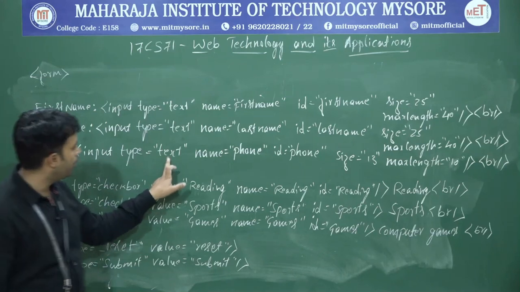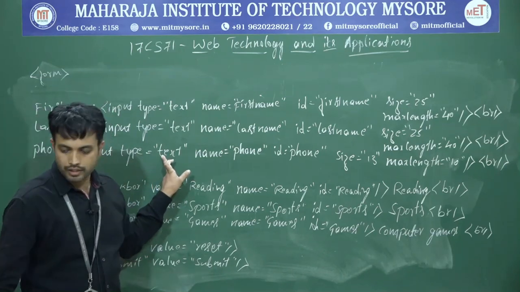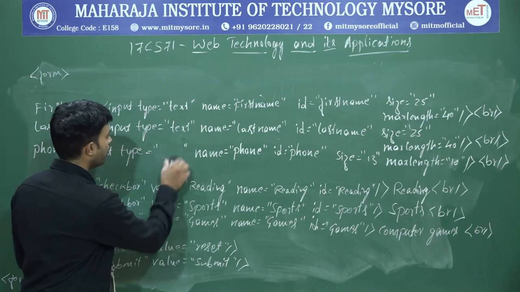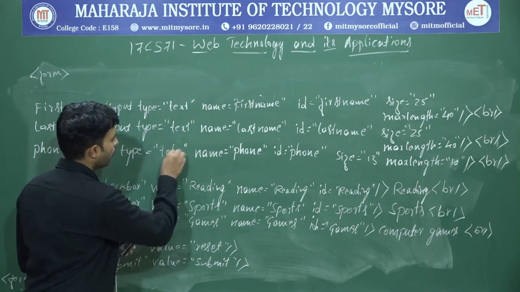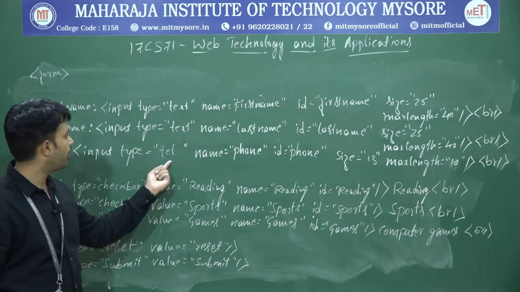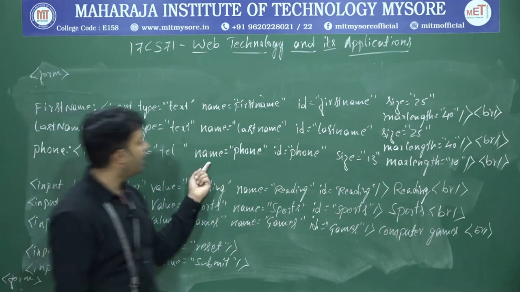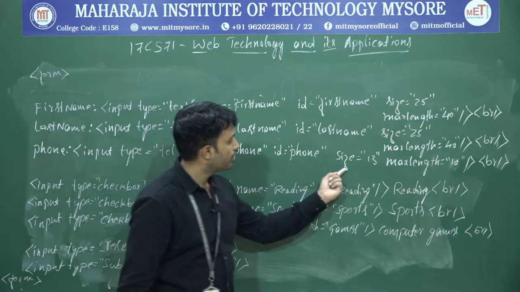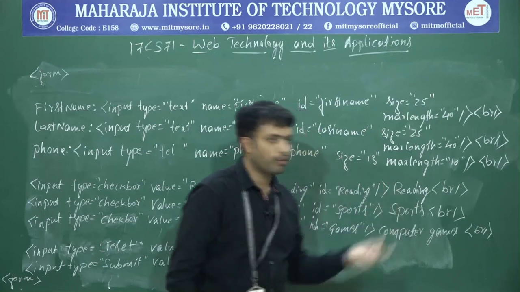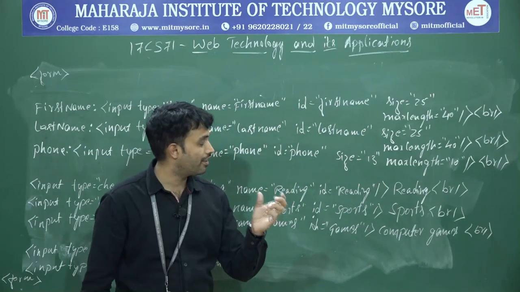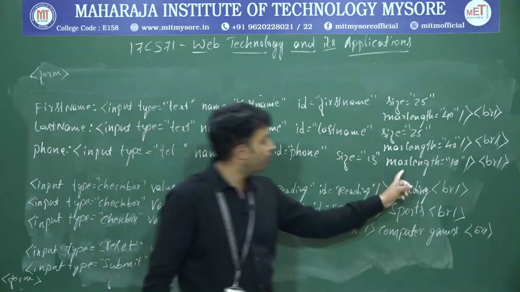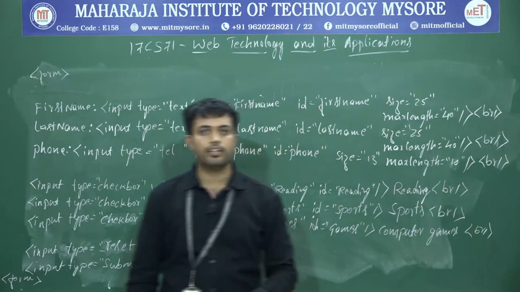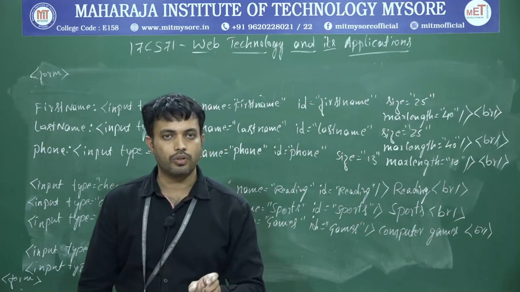Here they are using text, but otherwise we can also use tel, for telephone number. Name equal to phone, ID equal to phone. Size is 13, so it can display 13 characters. The maximum length is 10, which means you can enter only 10 digits there.